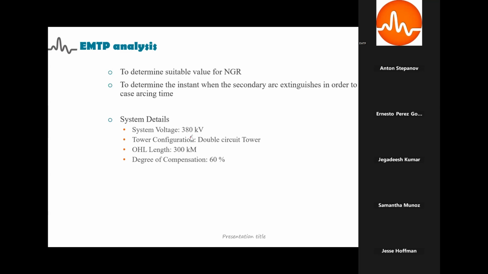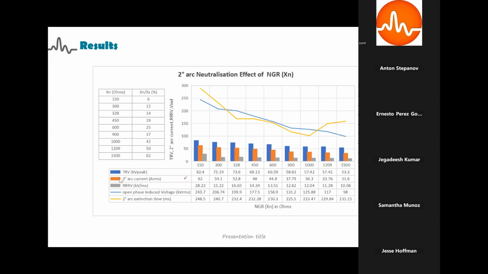Here the system we consider is a 380 kV system, and it's a double circuit. It spans around 300 kilometers, and 60% shunt compensation is adopted. This graph shows the variation with the neutral reactance Xn value. We know our shunt compensation is 60%. By varying the neutral reactor, we can choose the optimum value of neutral reactor to enhance neutralization.